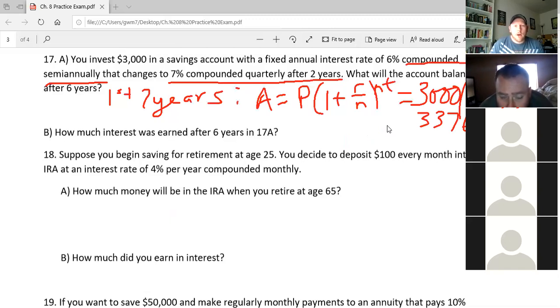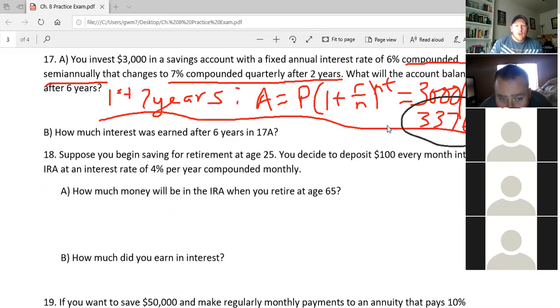So that's for the first 2 years. But then the account changes. At that point, I have this as my balance. So that becomes the new starting amount for the next interest rate.